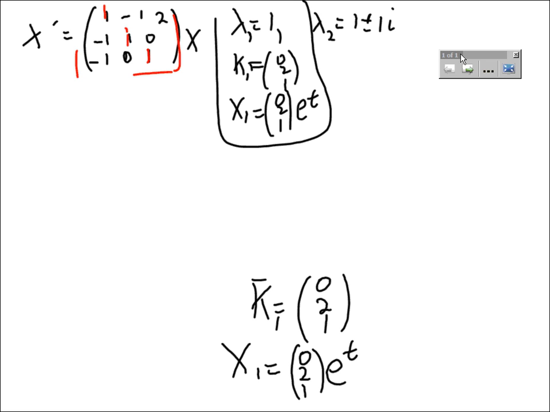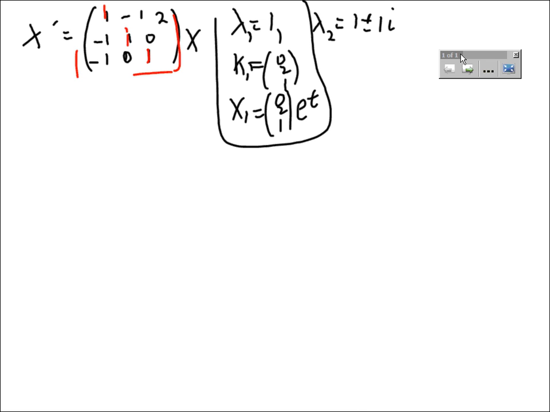Okay, now we deal with lambda 2. We want to find what k is. So we want to compute A minus lambda I times k is equal to the 0 vector.